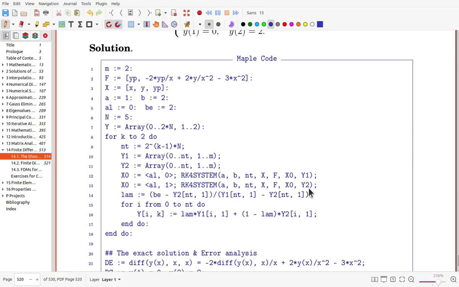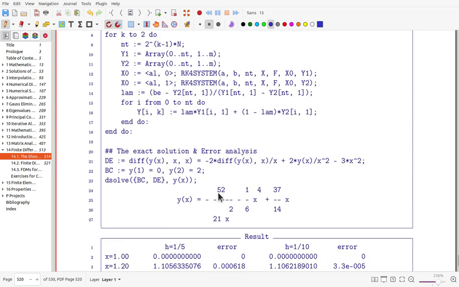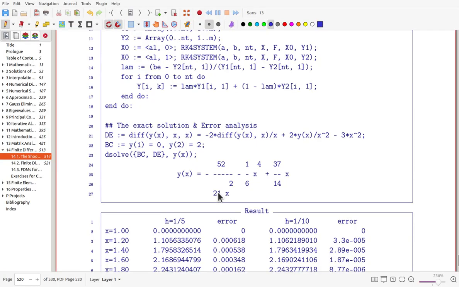From y1 and y2, we get lambda, and a linear combination with lambda makes the final solution. For each n, which will be 5 and 10, we get this solution. And along with the exact solution, we can measure the error.